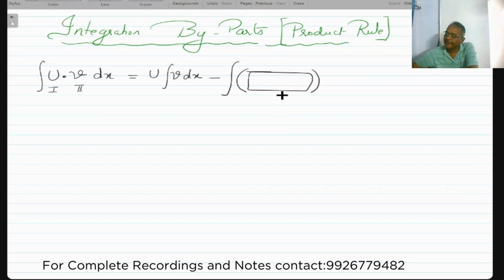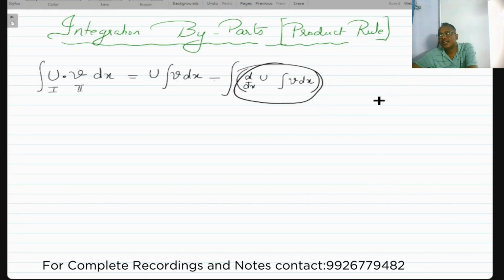What is that gift? That gift is integral of differential of first, integral of second.